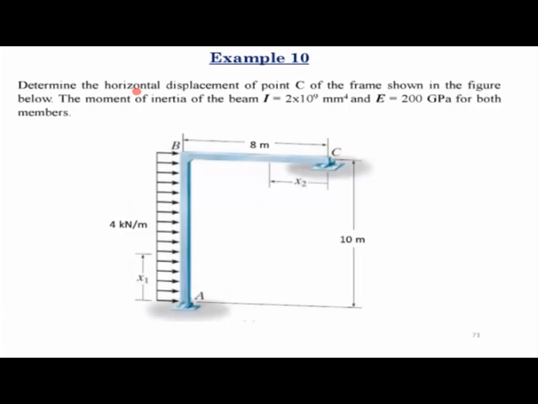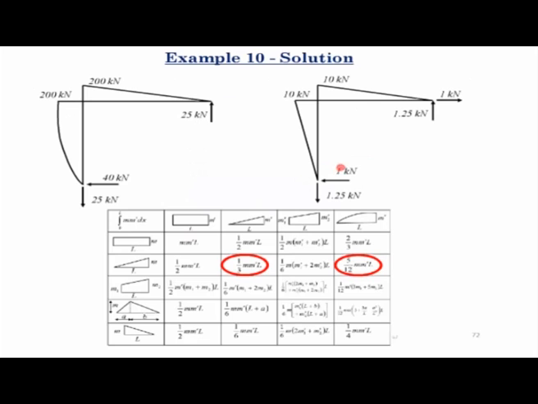Now, since we have been told to calculate the horizontal displacement of point C, that is this point, the virtual load has to be applied there. So this is the unit load of 1 kilonewton applied at point C. These are the reactions due to that applied load, and this is the moment diagram. Again, these units are not correct. It should be kilonewton meter.